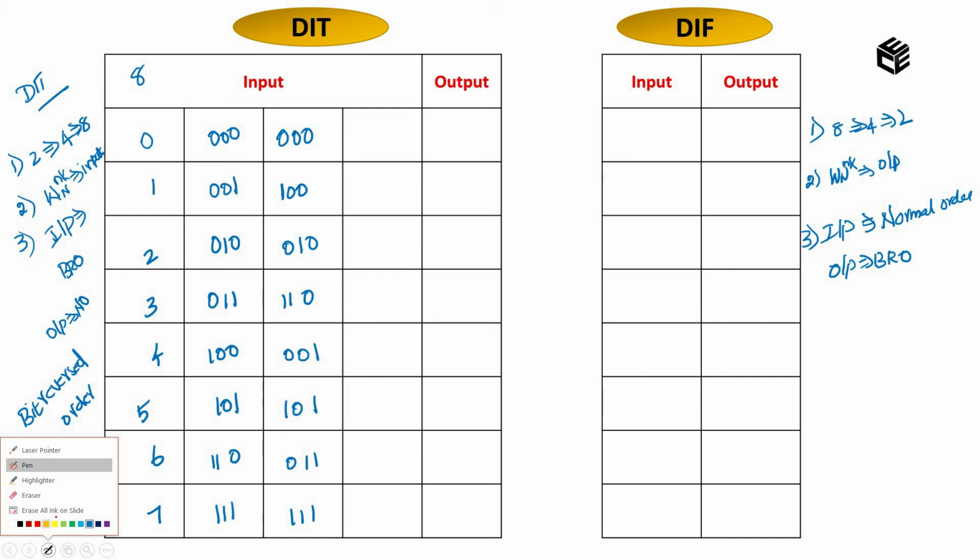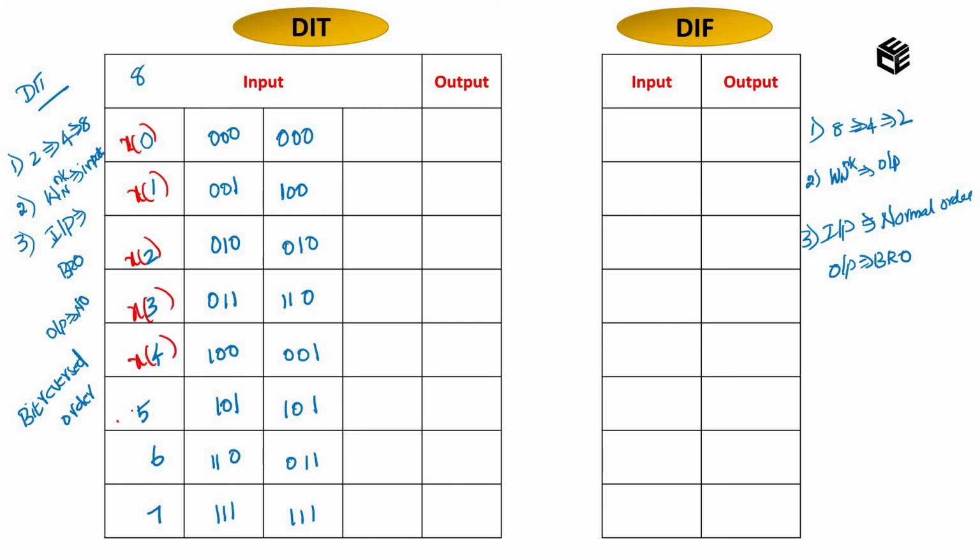Understood? So this is nothing but x of 0, x of 1, x of 2, x of 3, x of 4, x of 5, x of 6 and x of 7. Okay. Now what is the decimal equivalent for this binary? 0. And for this 4, this is 2 and this is 6.